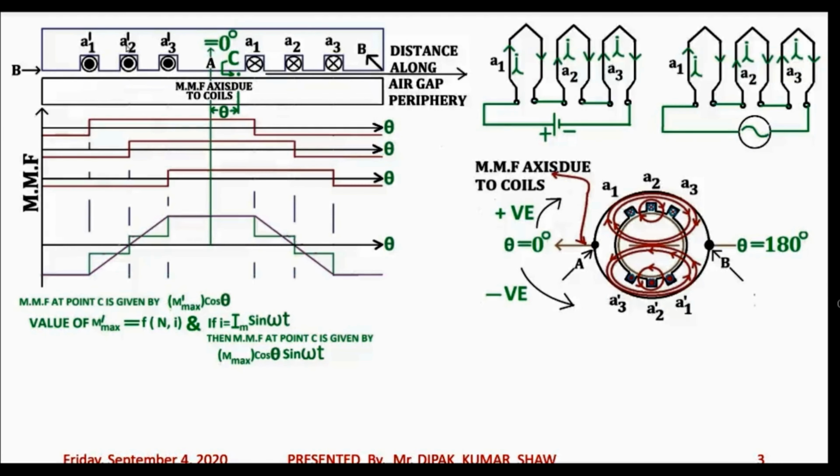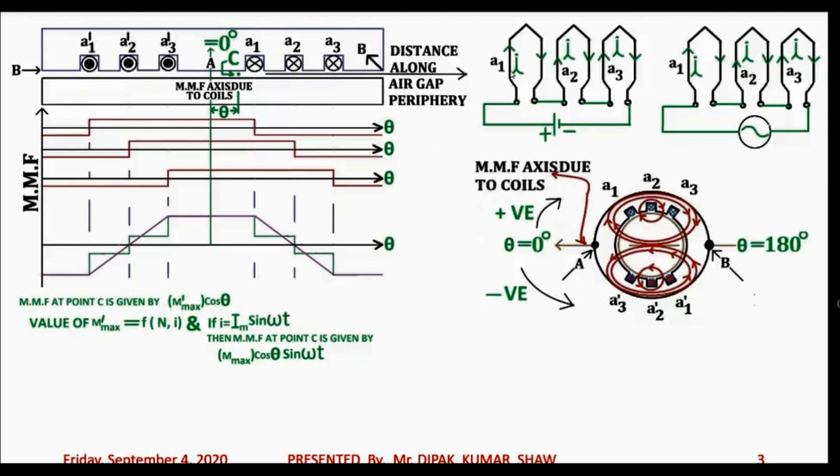if the current carried by these three coil sides is direct current, that means it is DC, in that case the strength of the current I is not going to change with time. So in that case, the height of this rectangular MMF waveform for each of the coils, or the height of this trapezoidal MMF waveform, is not going to change. Please follow the mouse pointer. This height of the trapezoidal MMF waveform is not going to change with time if the three coils are carrying DC, that means if the three coils are connected to a DC source.